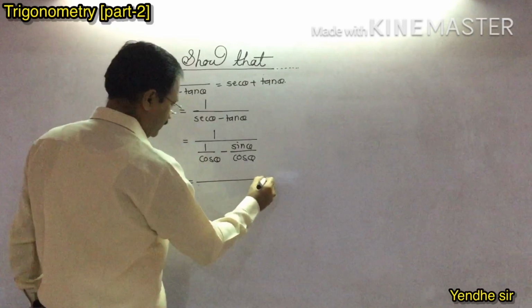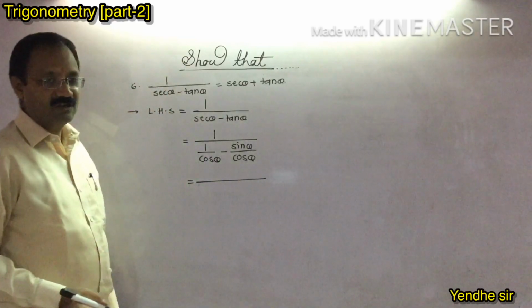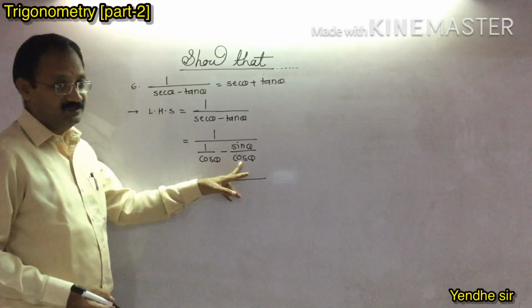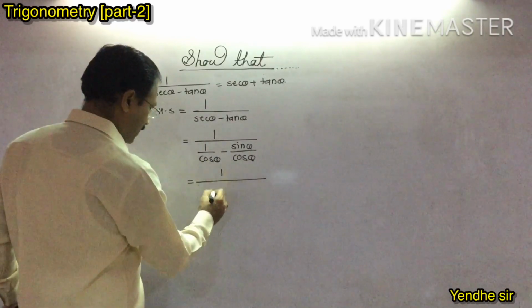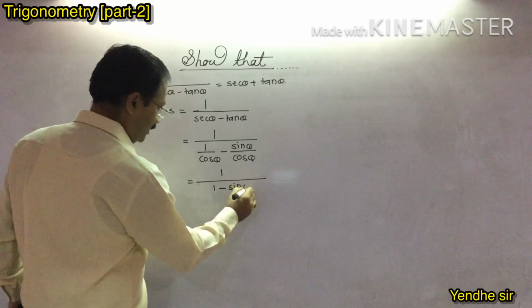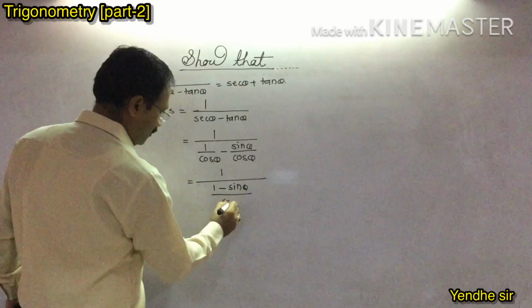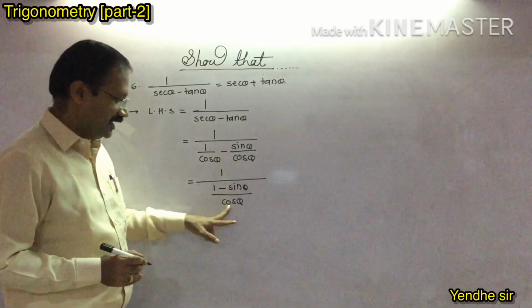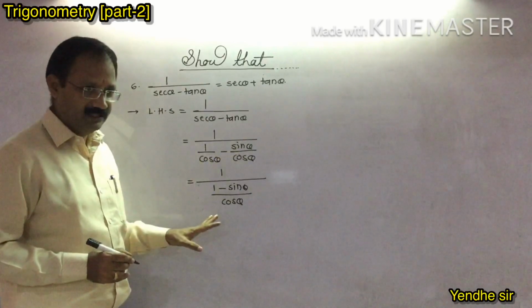Then which is the next rule? If the d is not same, then cross multiply. But observe this, its d is same. So I am going to write 1 upon 1 minus sin theta upon cos theta. Okay, because its d is same, so it will be as it is, and 1 minus sin theta.